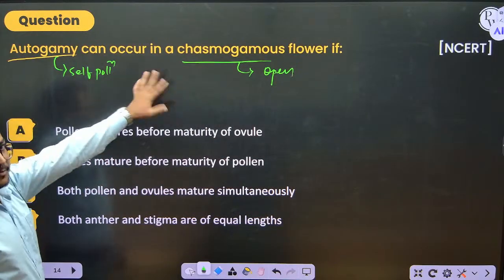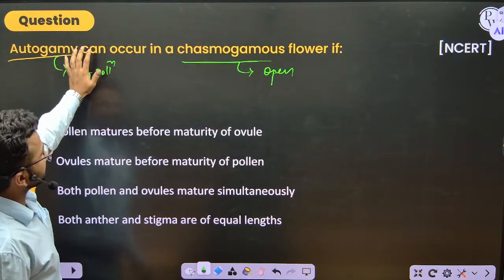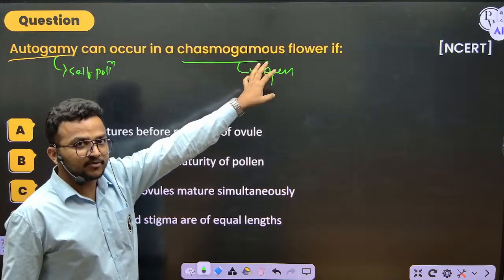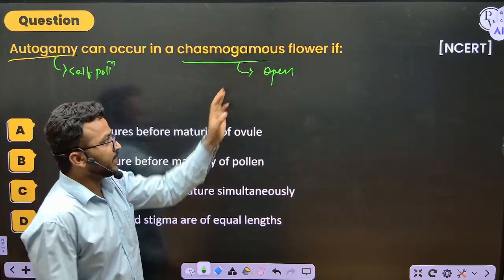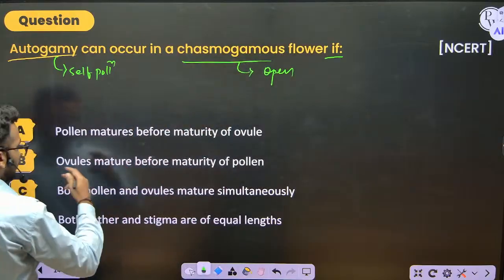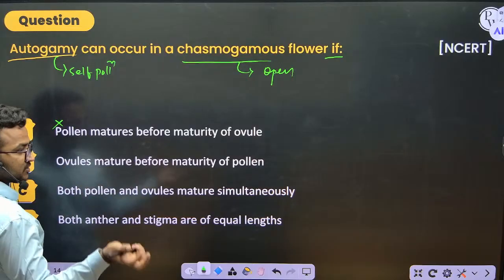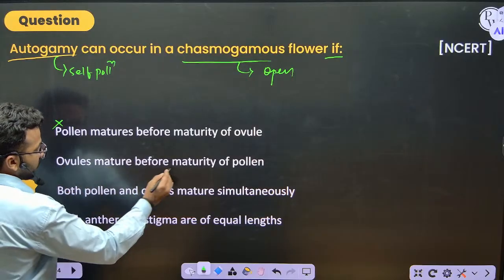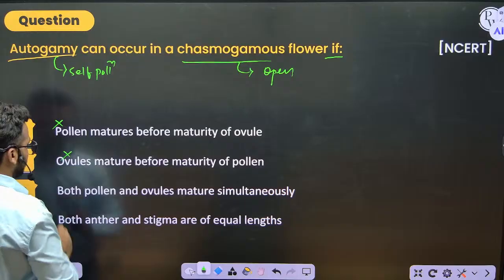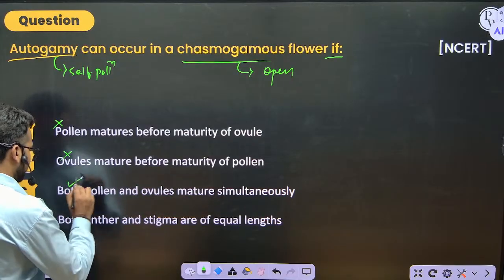They are asking when self-pollination is possible in a chasmogamous flower, and how this flower should be. Pollen matures before the ovule, no, because they should mature at the same time. Ovule matures before the pollen, no. Both the pollen and ovule mature simultaneously, this is correct.